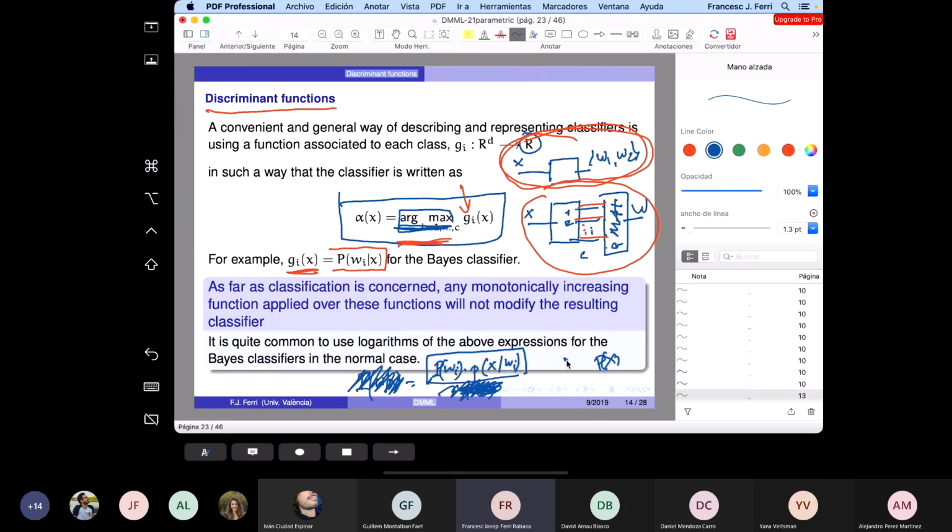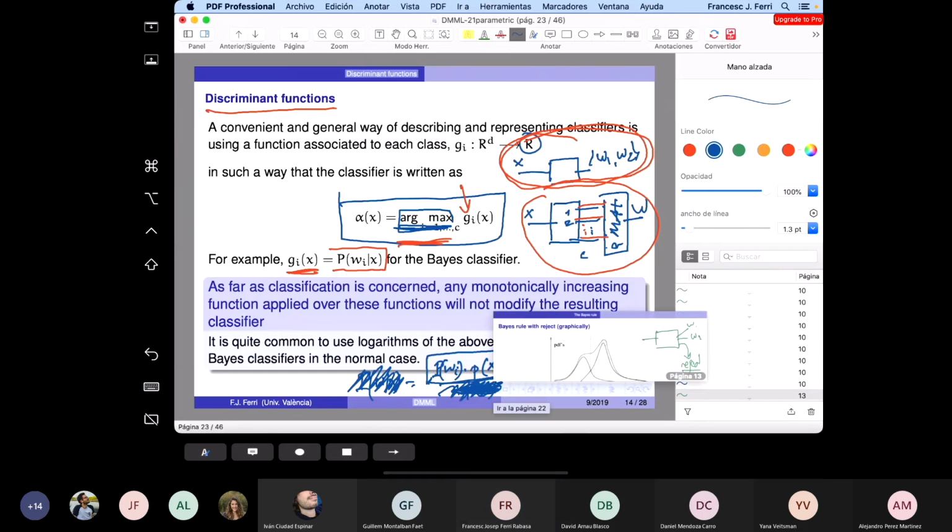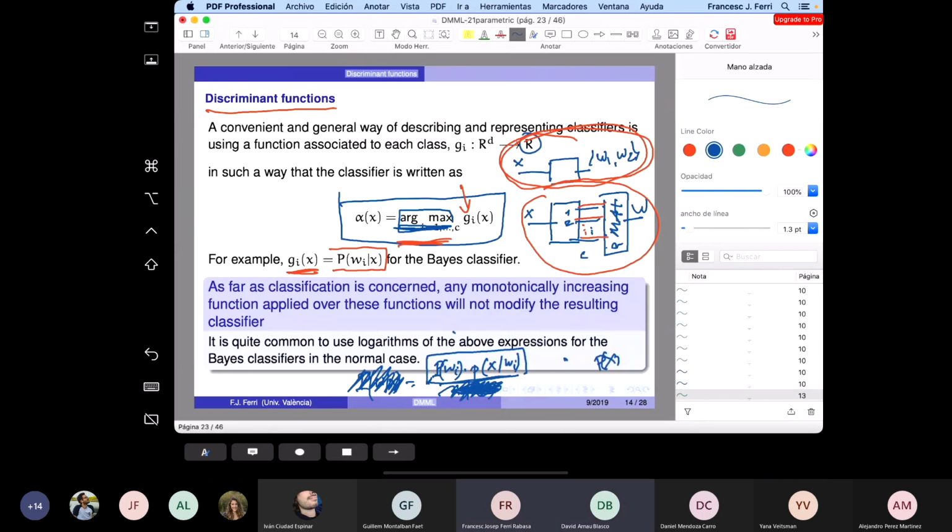Then the factor p(x) disappears. So I can take the weighted conditional also as a discriminant function of the same classifier.